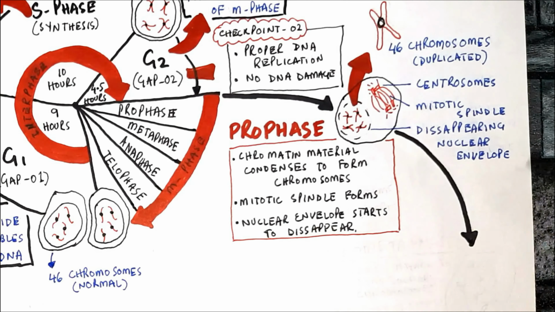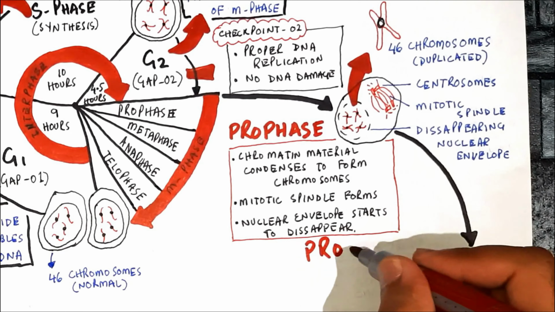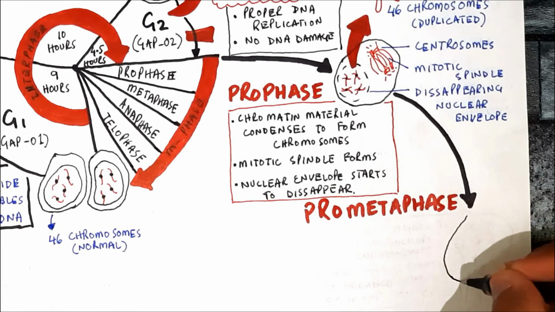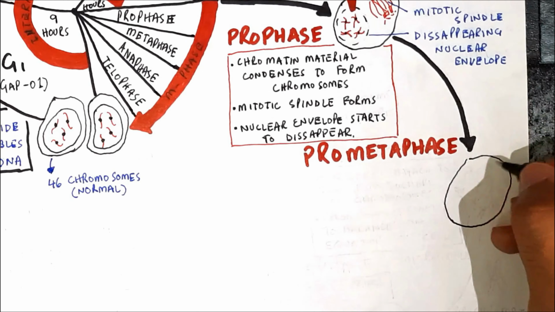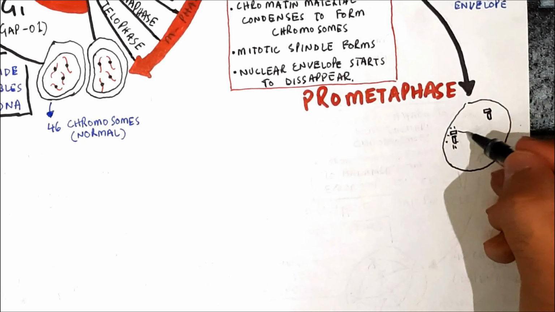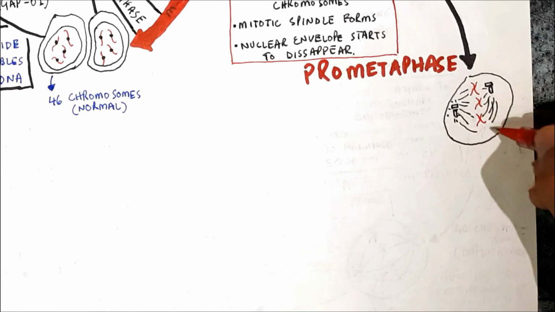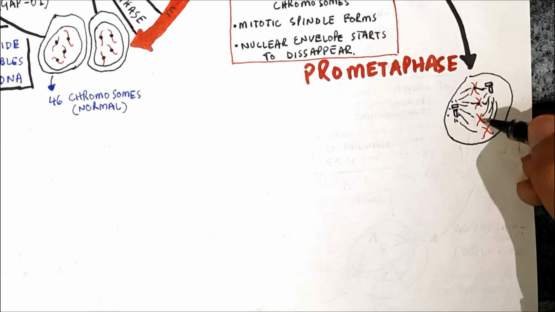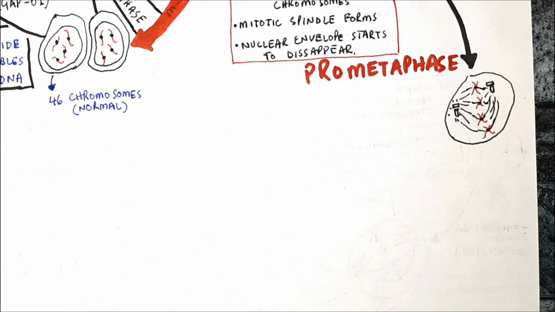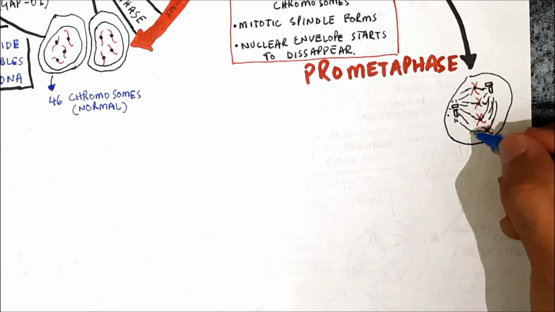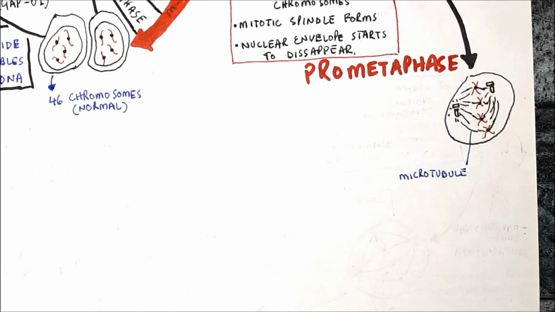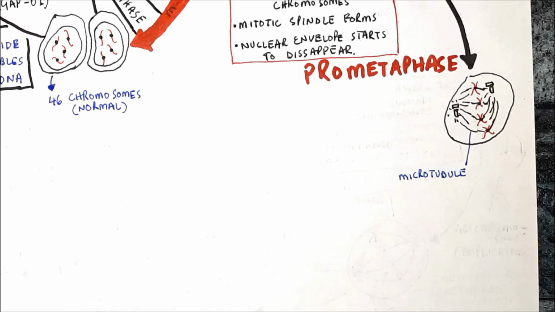Then let's move on to the next phase, prometaphase. This phase is an intermediate between prophase and metaphase, in which the nuclear envelope has disappeared completely and the cell starts to arrange the chromosomes. So you can see the microtubules connecting to the chromosomes here.